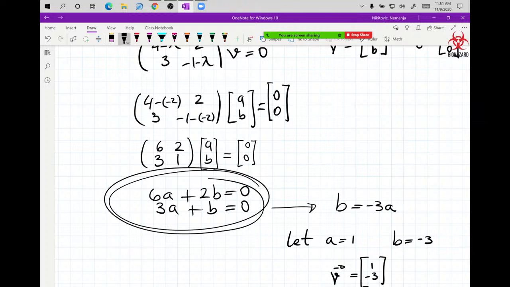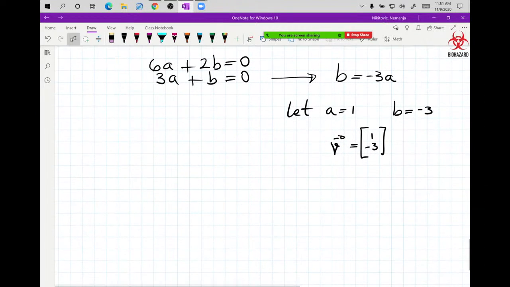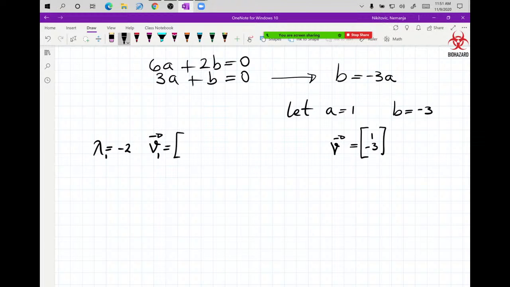Let's repeat that process. Oh, by the way, so now if I write lambda 1 equals negative 2 and v1 vector equals 1, negative 3, together they make what we call an eigenpair, right? Which is eigenvalue and eigenvector together.